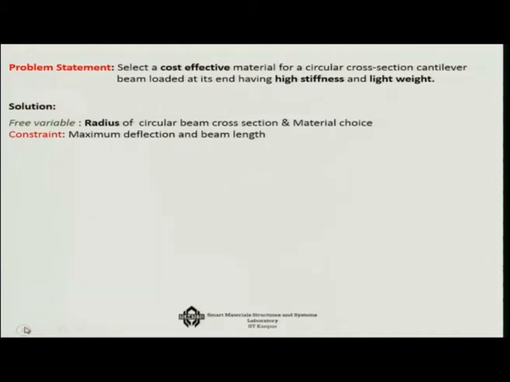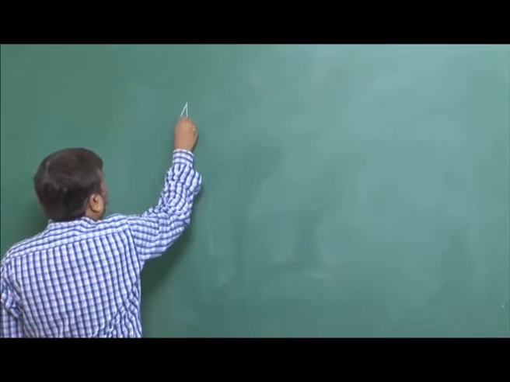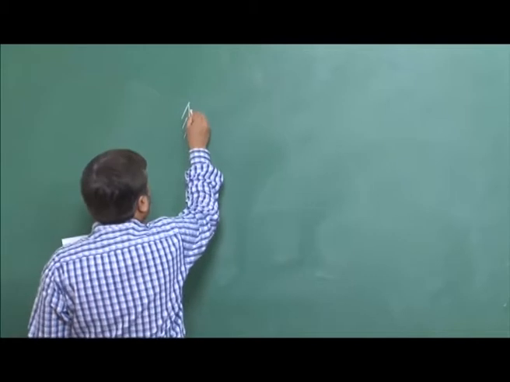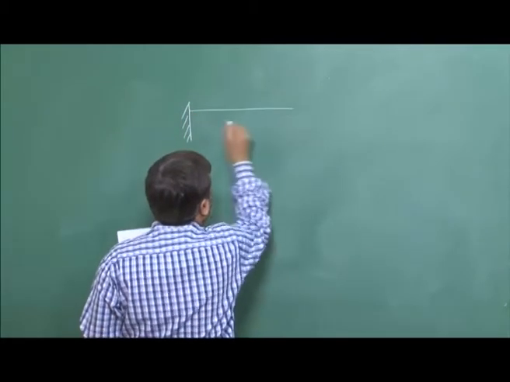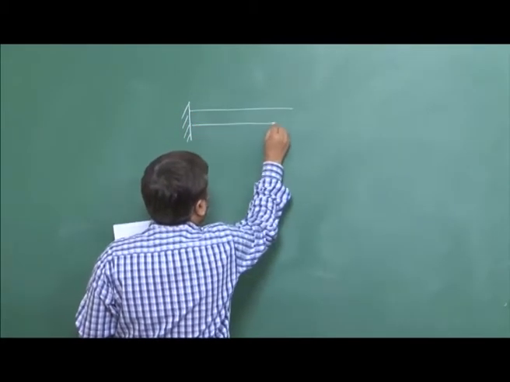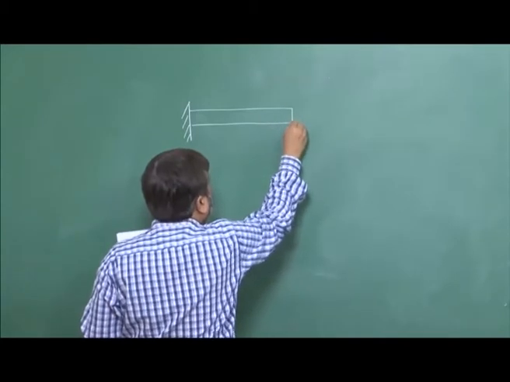Let us look into how we can solve such a problem and how we can use our knowledge of materials after solving it. To begin with, what is important for us is a circular cantilever beam.